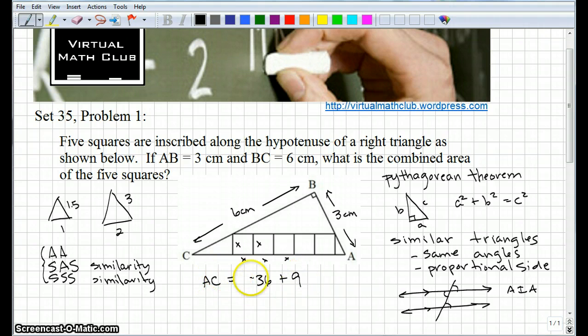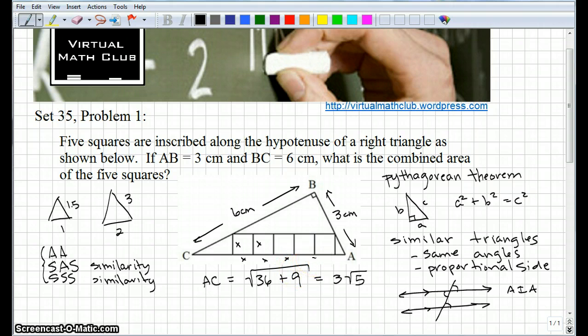If we take the square root of it, we get AC. That's the square root of 45, and 45 is 9 times 5, so if we take the square root of the 9 and put it outside, it's 3 times the square root of 5. So the length from A to C is 3 times the square root of 5. That's something we can figure out. How can we use that?